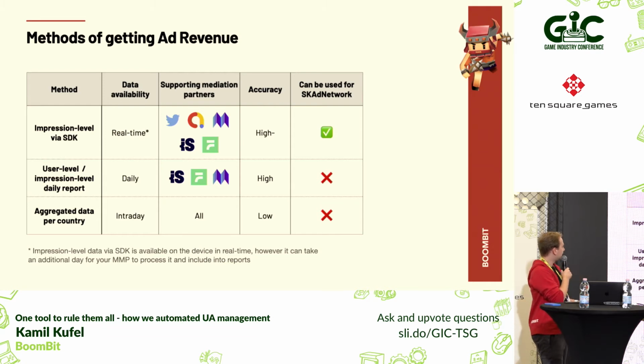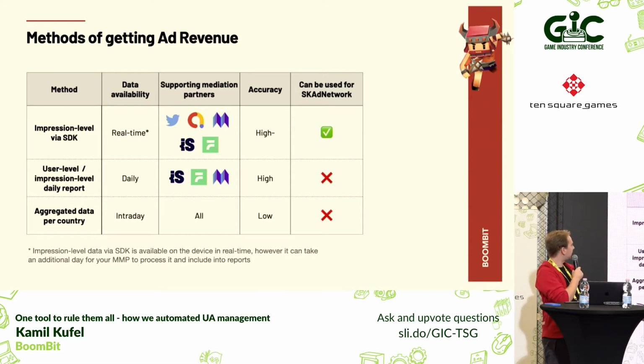A few words about ad revenue. It can be collected in different ways, and depending on the solution you choose, you have different accuracy of the data. Currently, impression level data via SDK is the most popular across the networks because every mediation partner offers it.